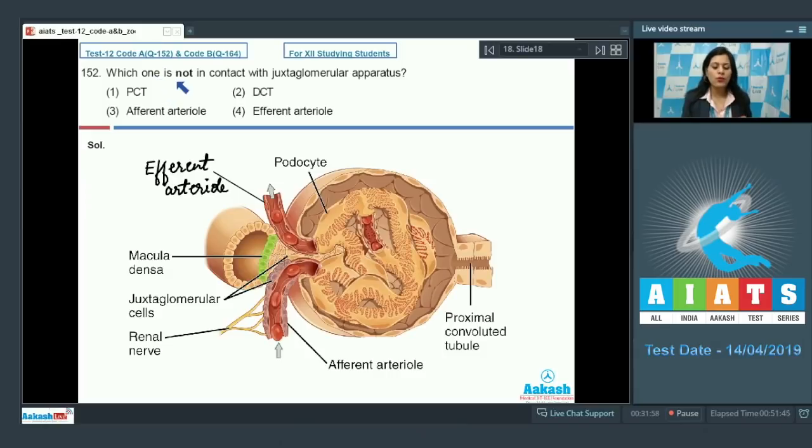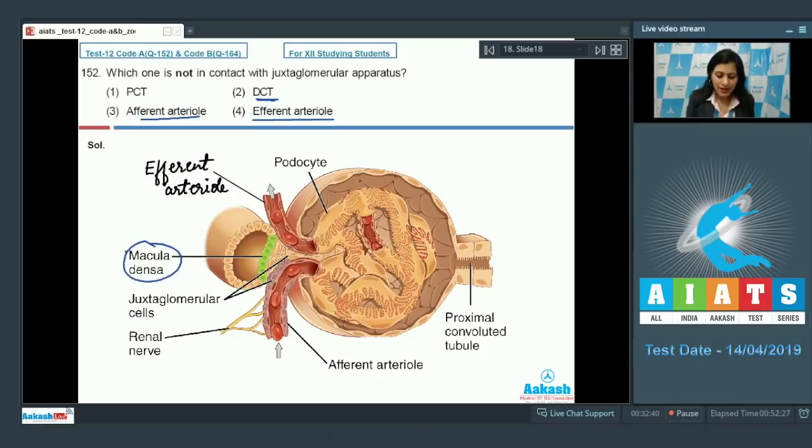Question number 152. Which one is not in contact with the juxtaglomerular apparatus? And the options are PCT, DCT, afferent arteriole and efferent arteriole. And we all know that the epithelial cells of DCT that come in contact with afferent arteriole and efferent arteriole are denser than the other tubular cells and are collectively called the macula densa.